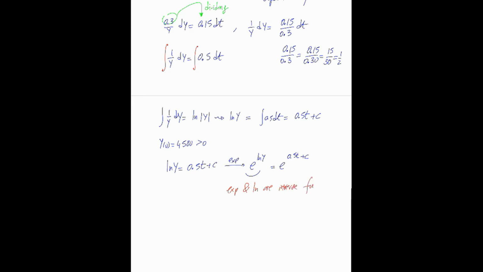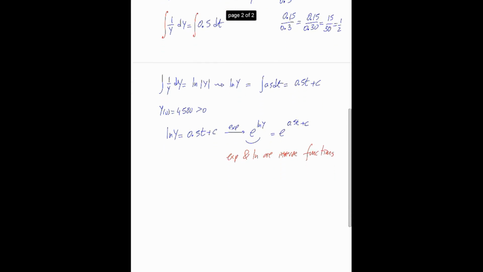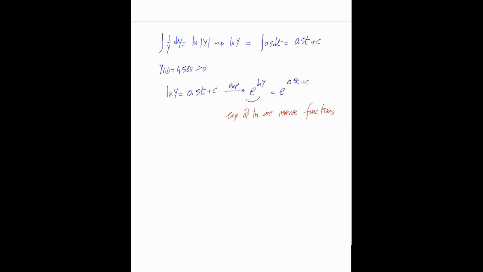That means one does something and the other one undoes it, if there's such a word as undoes it. But anyway, whatever one function does, the other one does the opposite. So we have that e to the ln y is equal to y, and that should be equal to e to the 0.5t plus c.